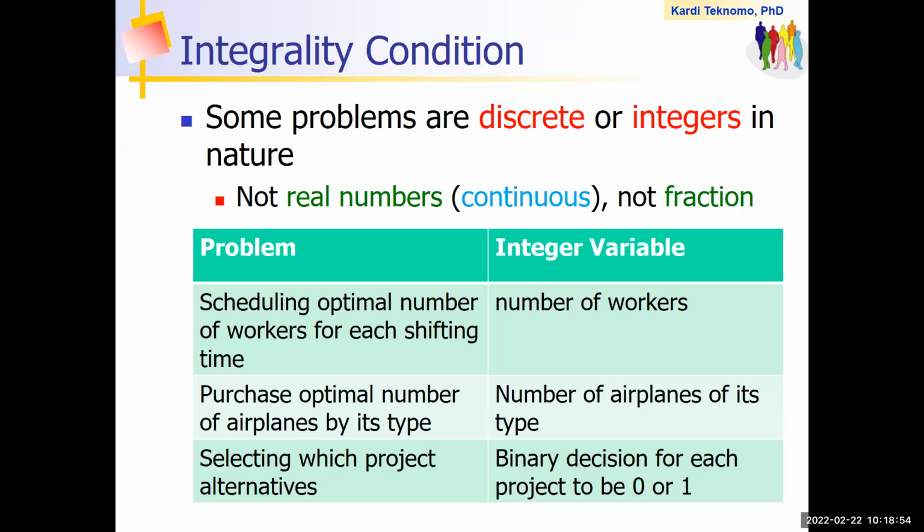For example, the number of workers in the scheduling, or the number of airplanes in the purchase of optimal number of airplanes, or you want to select projects. Of course, this becomes a binary decision, yes or no, some projects will be selected or not selected. So these are examples of problems that are integer in nature.